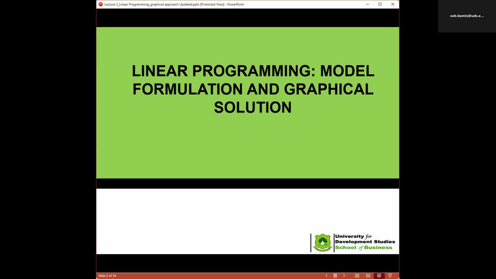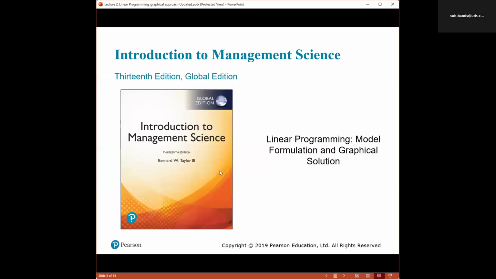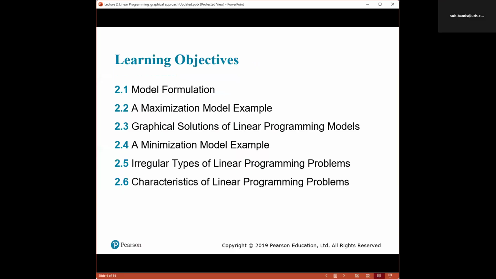Now, okay, about management science, there is always what we call the objective function. The objective function could either be a minimization function or what?